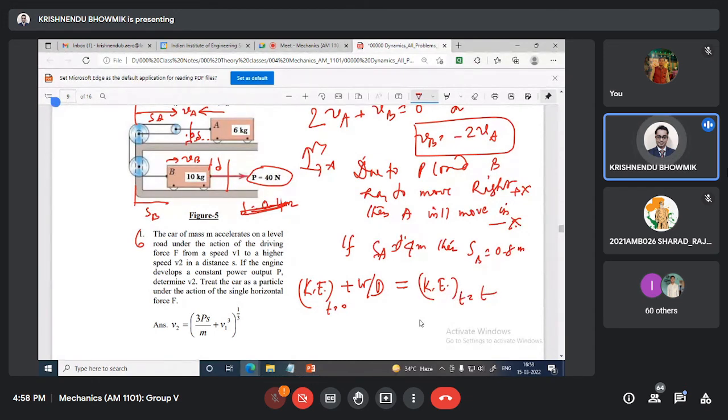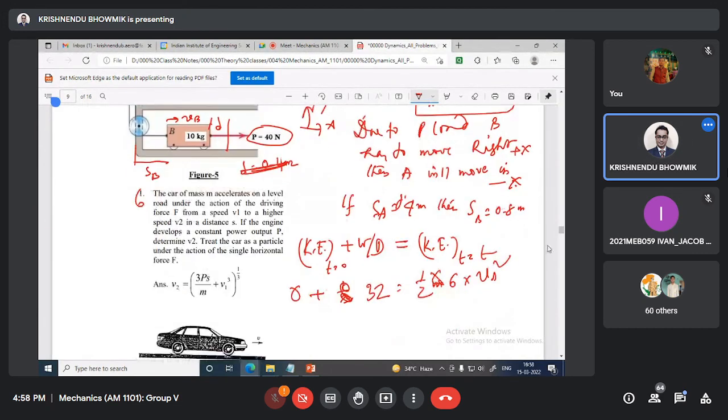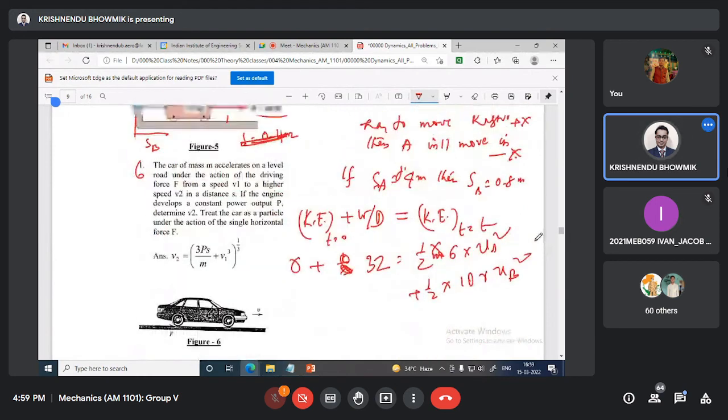There is no potential energy because there is no vertical direction movement. Initially it was 0, so 0 plus 32 equal to kinetic energy at the final stage, half multiplied by 6 multiplied by VA square plus half multiplied by 10 multiplied by VB square. VB equal to minus 2VA.